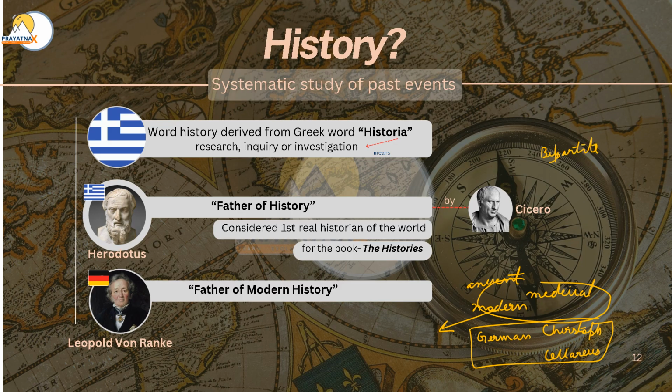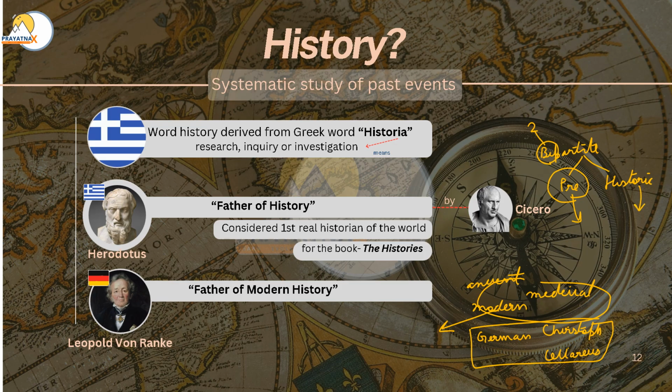Now, there is also a classification of bipartite division. As it suggests, bi means two, so history in this case is divided into two periods, which is the prehistoric period and the historic period. Prehistoric period mostly involves the period before writing was discovered, and the period after the beginning of writing is known as the historic period.